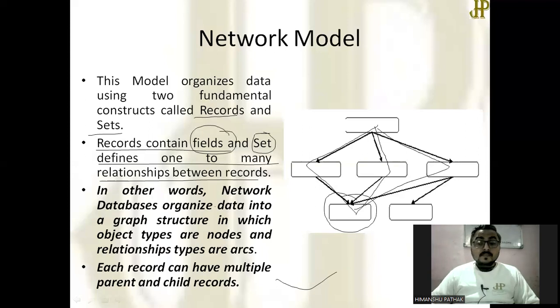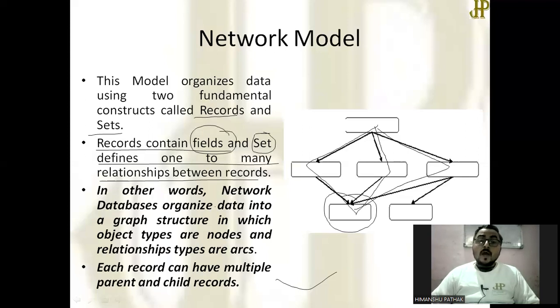So what is the basic difference between hierarchical and network? In hierarchical, there is one and only one path to search the particular data, while in network model, there is a possibility that there are more than one path for any data.